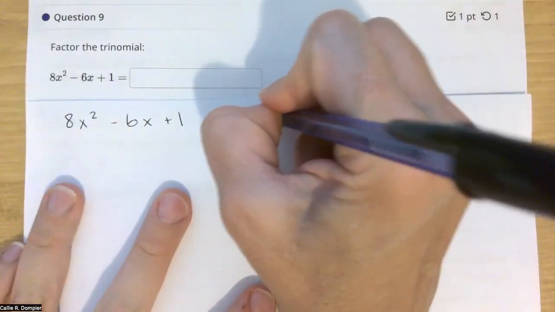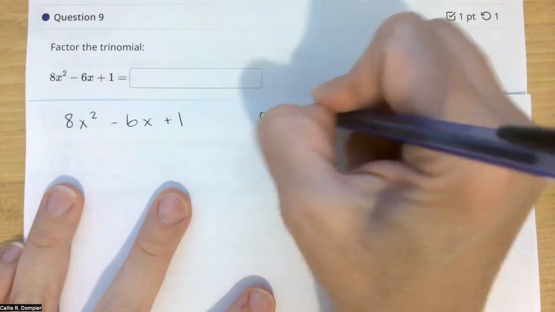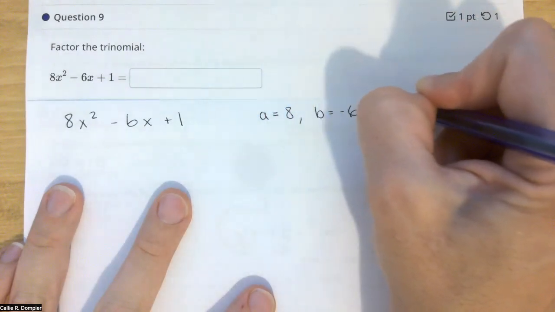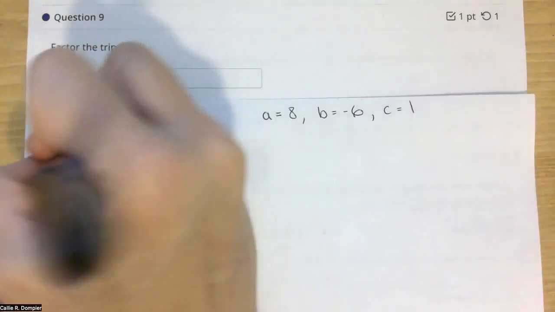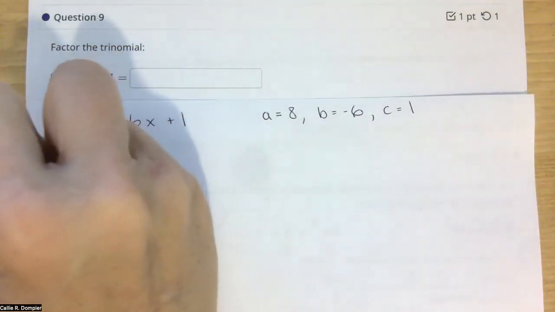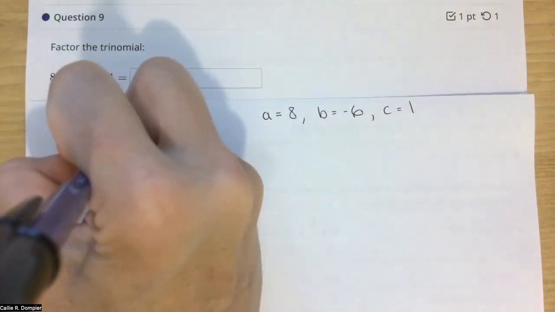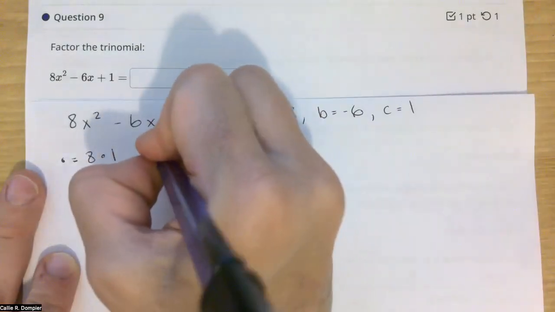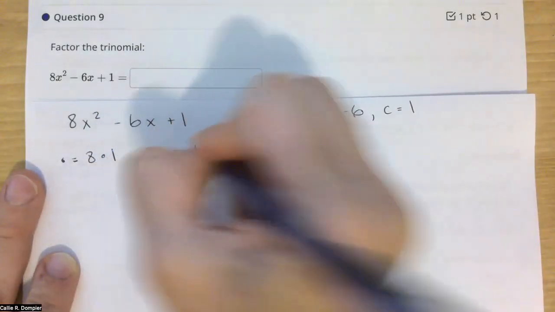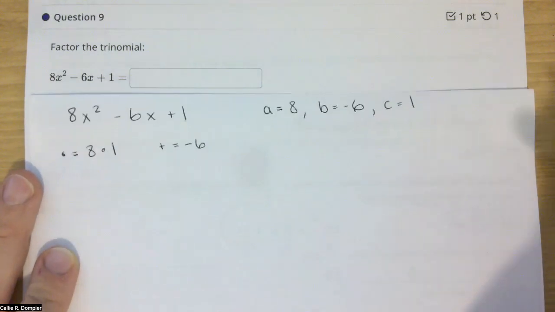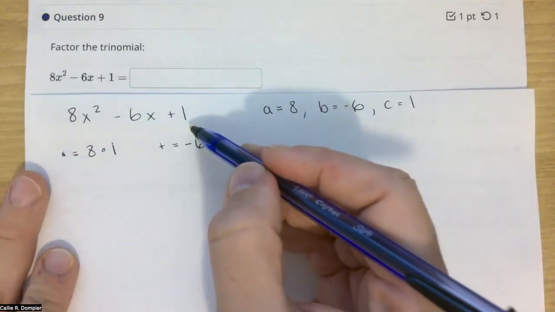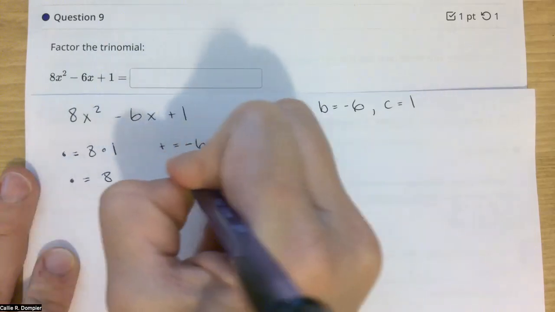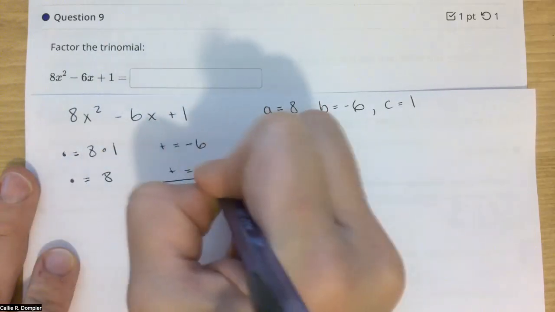Okay, so A is 8, B is -6, and C is +1, right? So we need it to multiply to equal A times C, which is 8 times 1, and we need to add to equal -6, or add to equal B, right? +8 times +1 is just 8, so it needs to multiply to equal 8, add to equal -6.